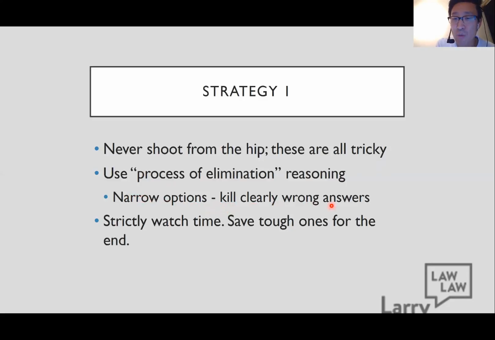First, kill off the answers that are clearly wrong or don't make any sense. Lastly, these things are in tension: you need to work systematically, but you have to work fast. Strictly watch your time. Don't spend too much time on the earlier questions, because they're all worth the same amount normally. You have 40 questions. Don't spend 20 minutes on the first one and shortchange yourself at the end by spending 5 seconds on each, just bubbling C, C, C, C, C.